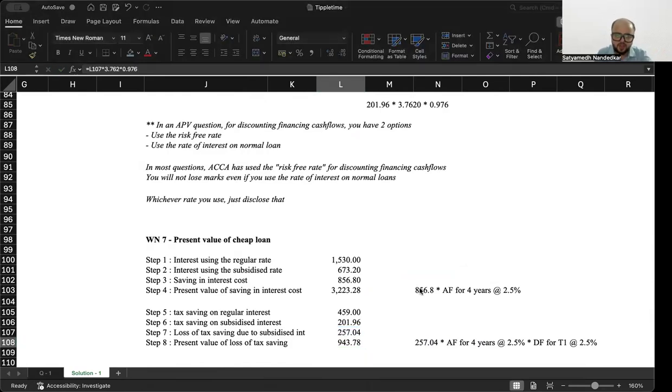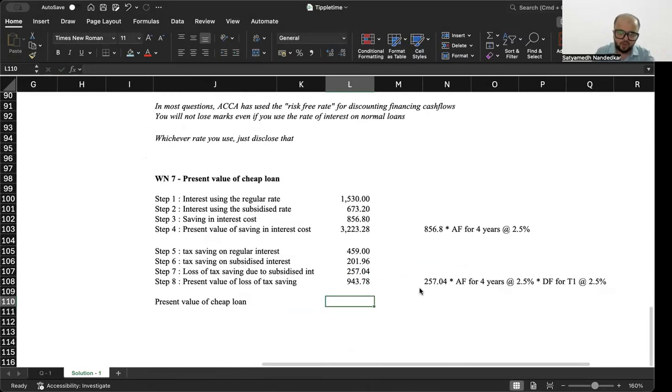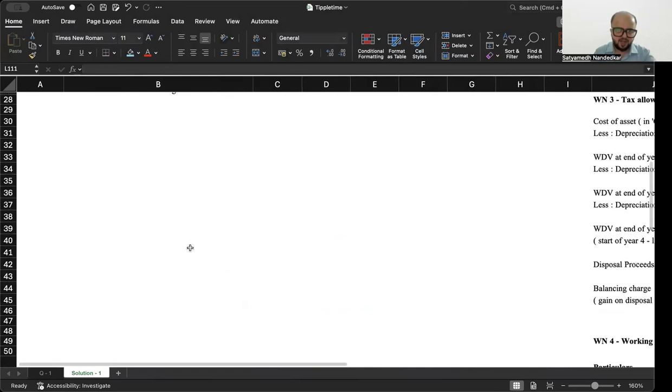So that is 943.38. And what is the present value of cheap loan? The present value of cheap loan is the difference between this and the present value of tax saving lost, which is 2279.50. I will add it here.